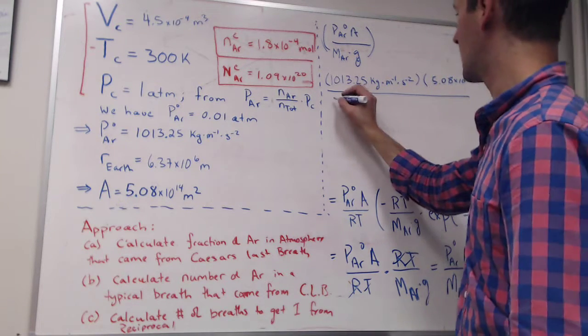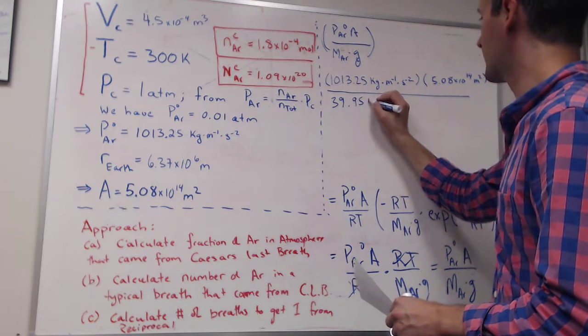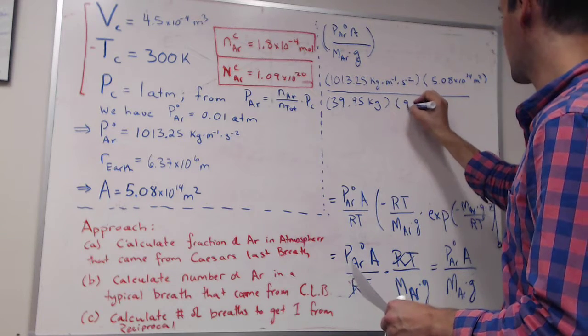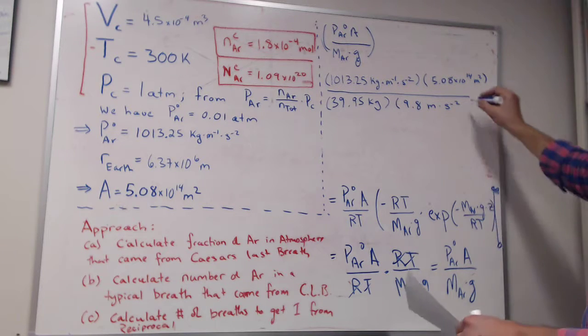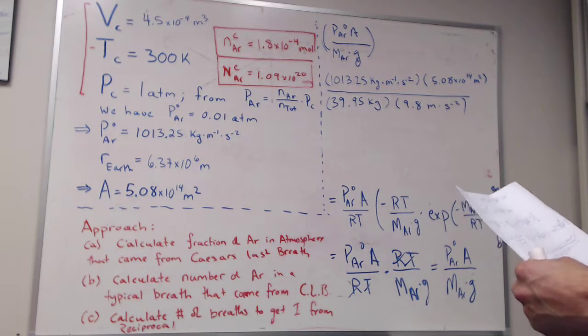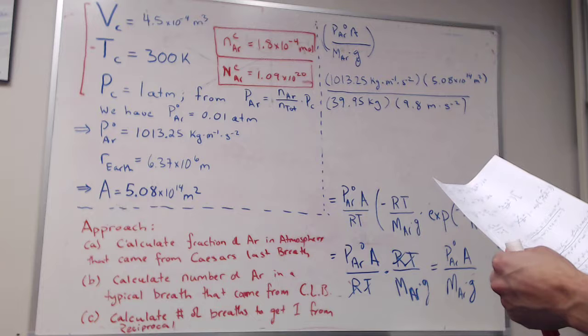It's approximately 39.95 kilograms. And then finally, what's g? 9.8 meters per second squared. Okay, so let's check our dimensions. Let's check our units real quick. At the end of the day, we should be hoping to see something which looks like moles.